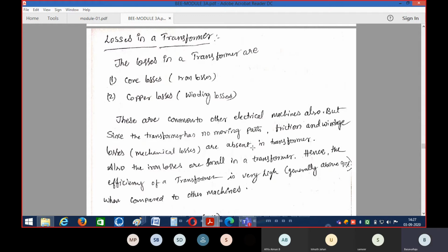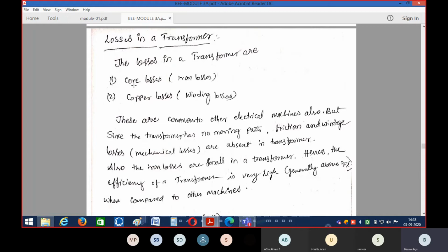As we know, the transformer has two important parts: the transformer core and the winding. The losses taking place in the transformer core are called core loss. Whatever losses take place in the winding are called copper loss.